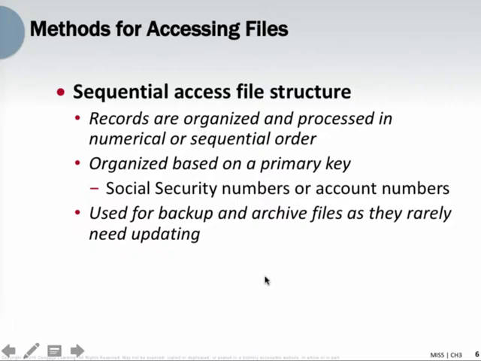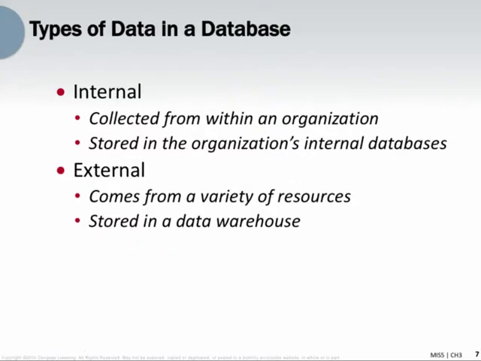Okay, now there's file structures, and then there's also types of data that's in a database. Now there are internal data and there are external data. Internal data is collected from within an organization, stored in the internal databases. External comes from places outside the organization. Now, there are data companies in the world that host just data for a lot of different people.